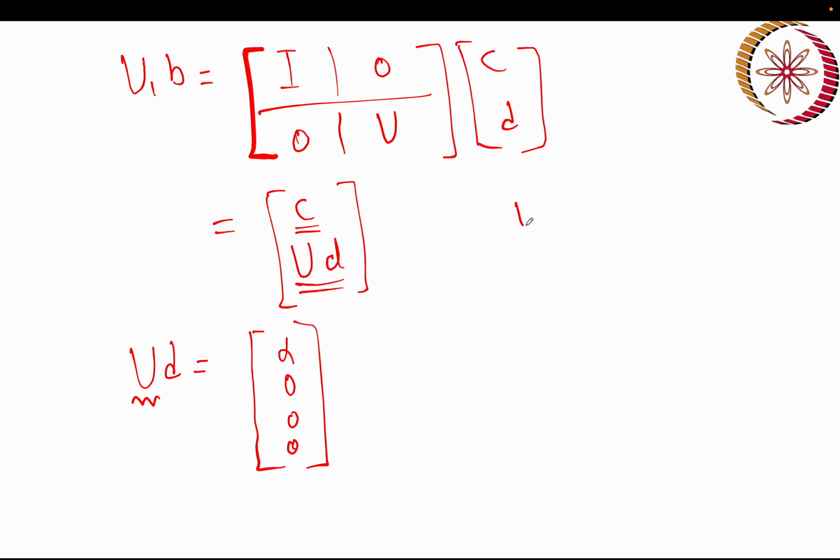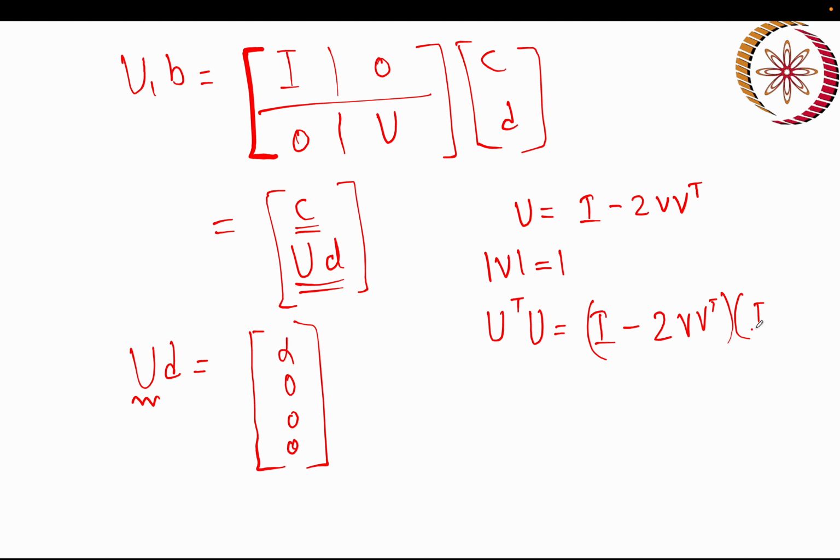We have defined u is equal to I minus 2v transpose, and magnitude of v is equal to 1. If we take u transpose u, what we will get is I. I will write directly the transpose. It will be again v transpose, so basically it is a symmetric matrix.